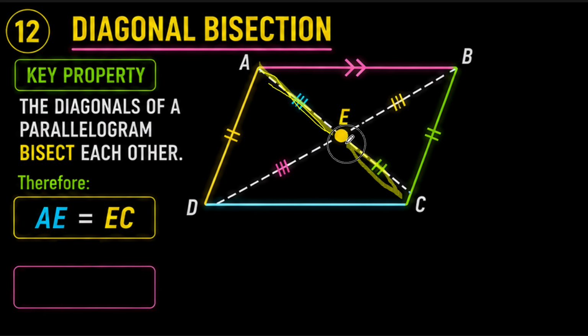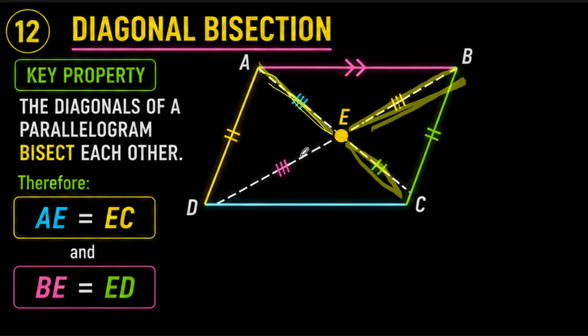Parehas lang daw po yung measurement nila. Another one, this BE, this measurement, is the same as this measurement. So, they are equal as well. May mga mali lang sa marking pero I want you to take note of it.